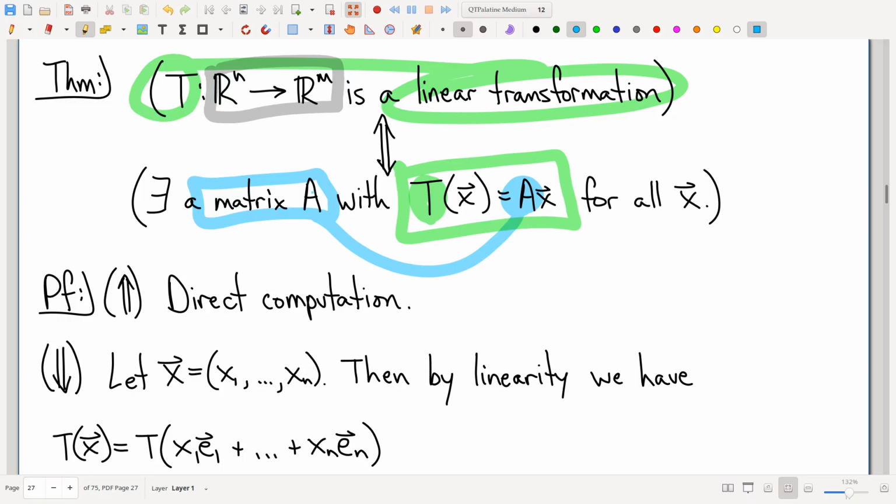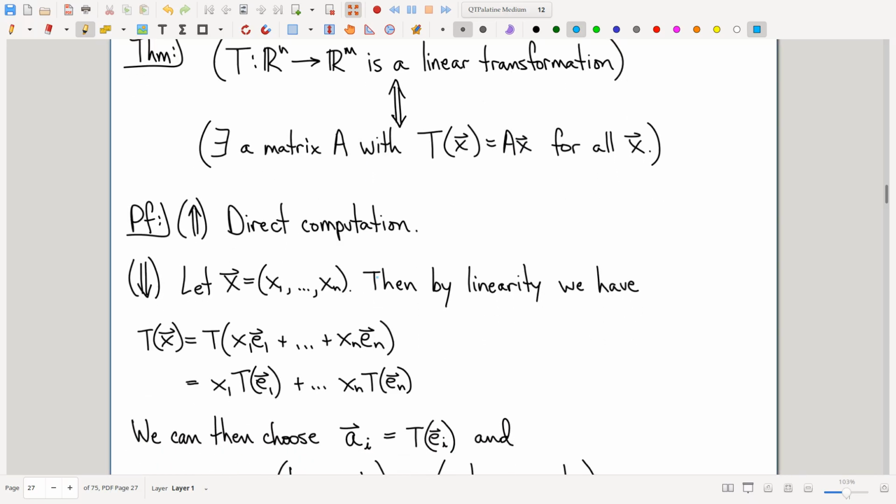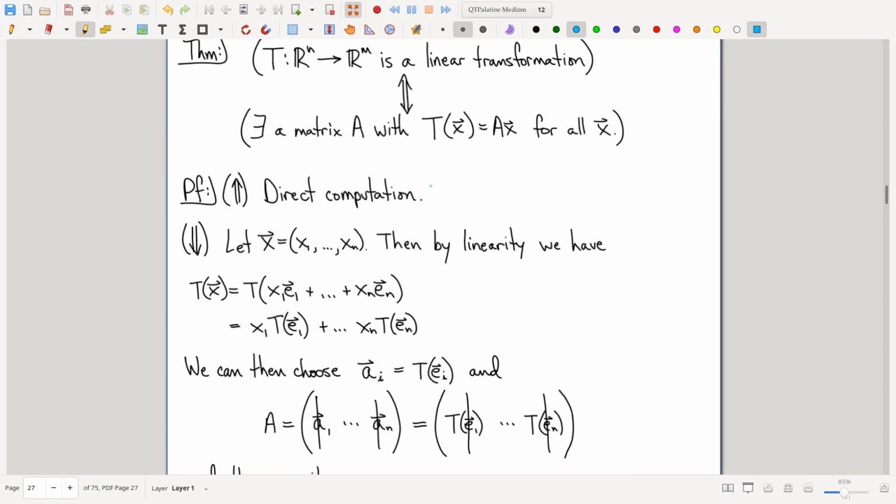Really important fact, but it's even more important than this. Not only is this saying every linear transformation is a matrix, but if you look at the proof of this fact, we actually produce the matrix. So I want you to know 2 things. First of all, every linear transformation is a matrix. Really, really important.